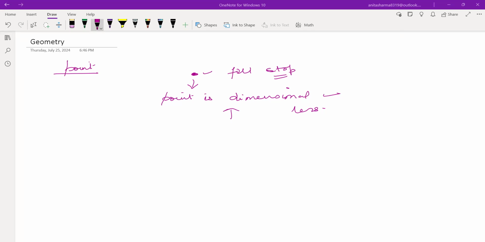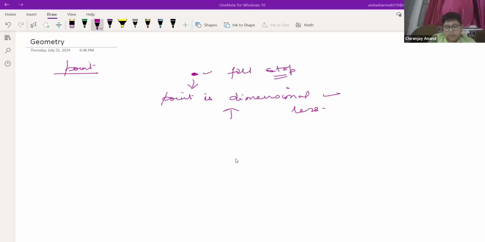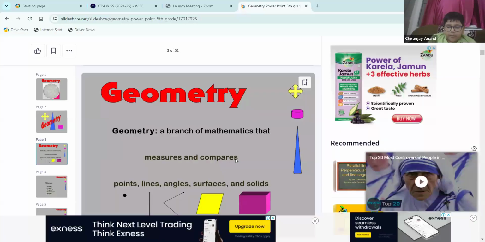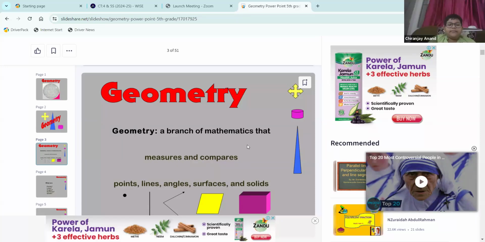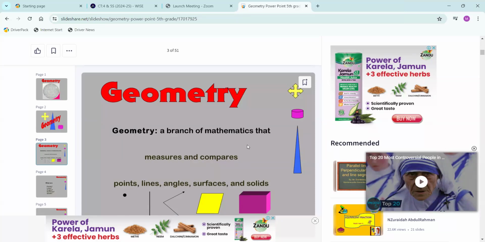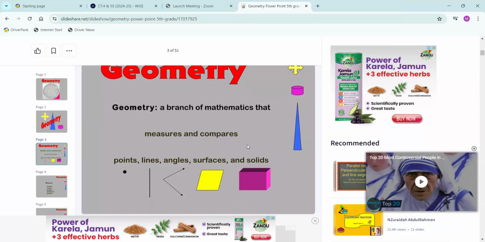Screen is visible now. What can you see? Geometry, ma'am. Geometry, right? So what is geometry, children? Geometry is a branch of mathematics that measures and compares points, angles, lines, surfaces, and solids.